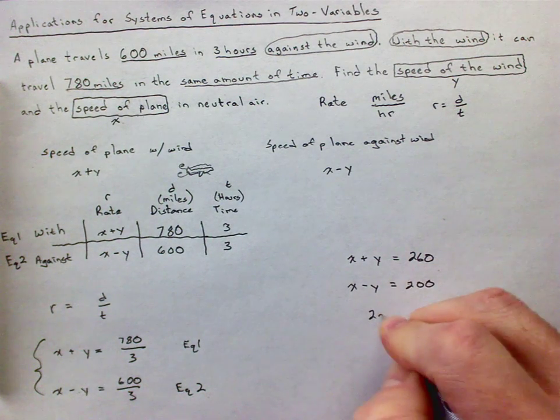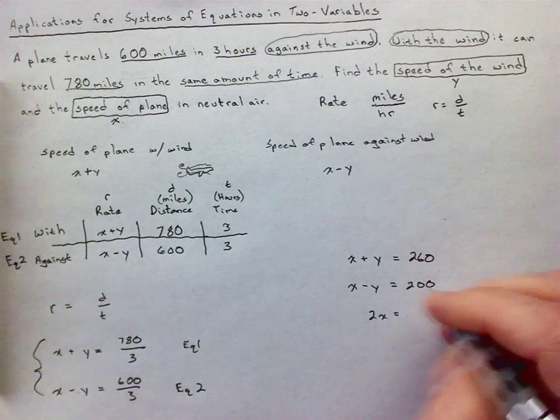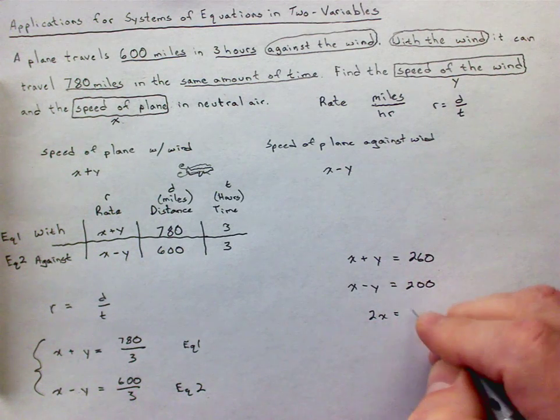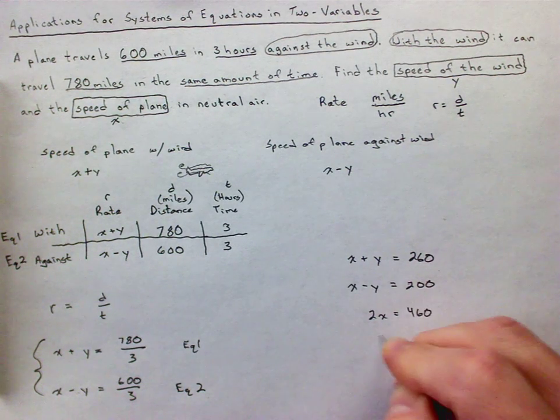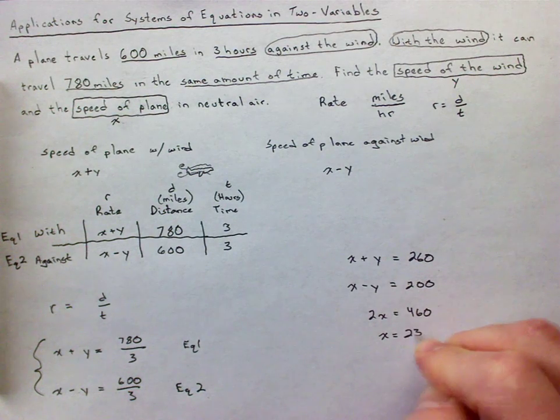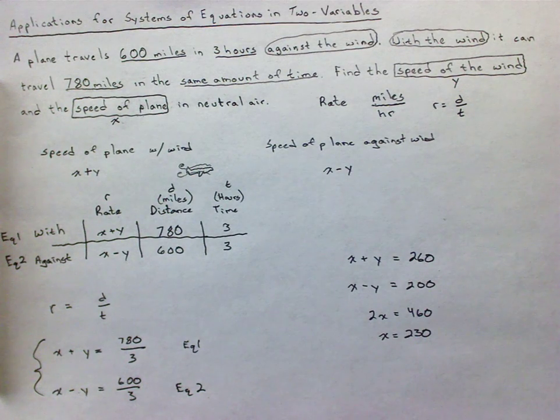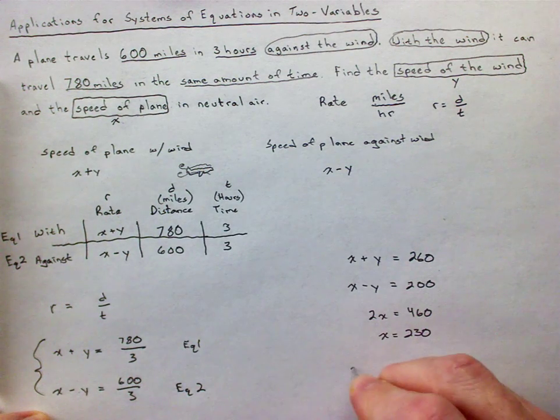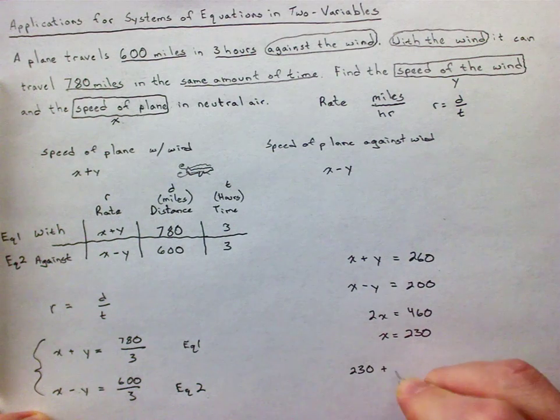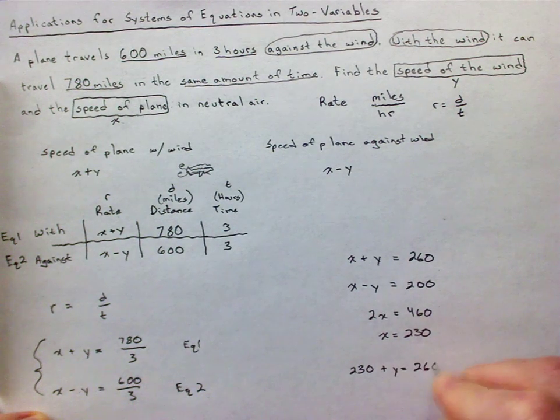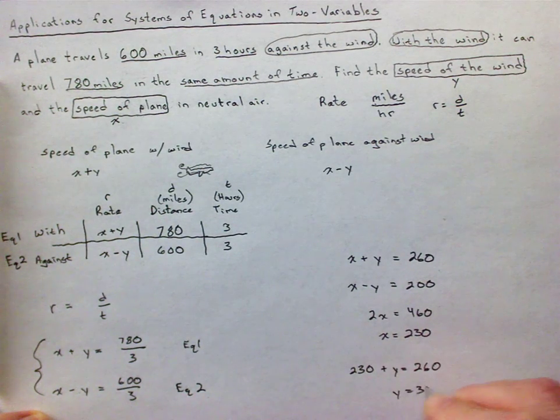So I end up with 2x equals 460, so x equals 230. I take that value and plug it into one of the equations. So 230 plus y equals 260. y equals 30.